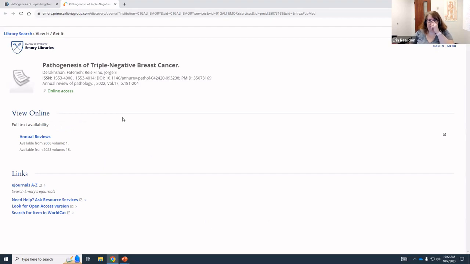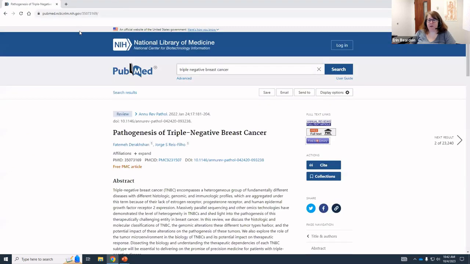That's the way you could view the full text. If we don't have the article, you can instead request it through interlibrary loan. But if you just go to pubmed.gov without going through the library's website, you're not going to have this button, and when you want to read the full text, you're going to have to do a bunch of other steps to get to it.